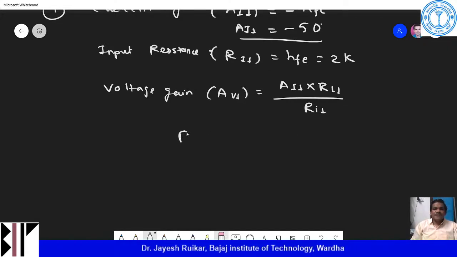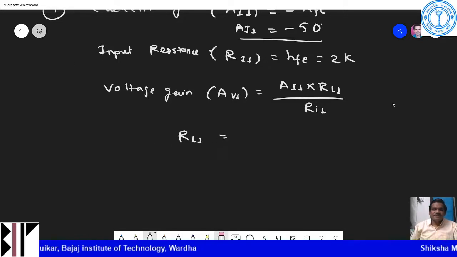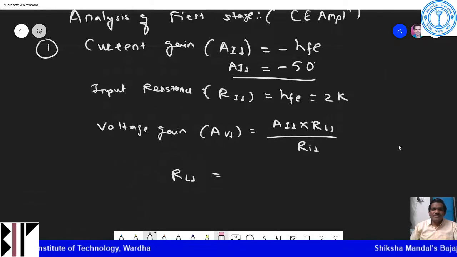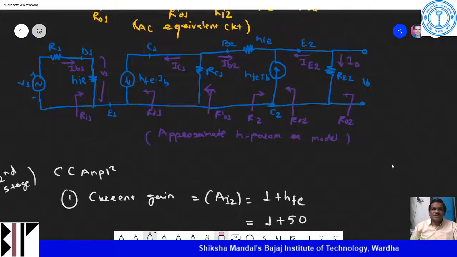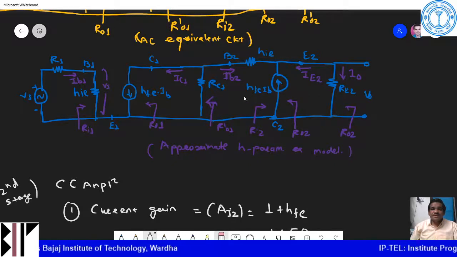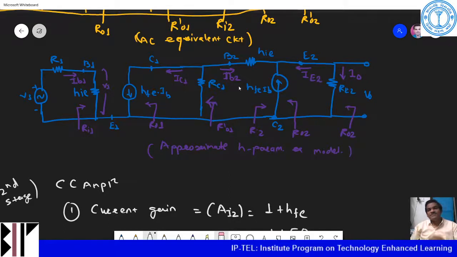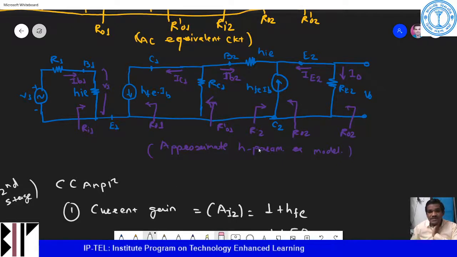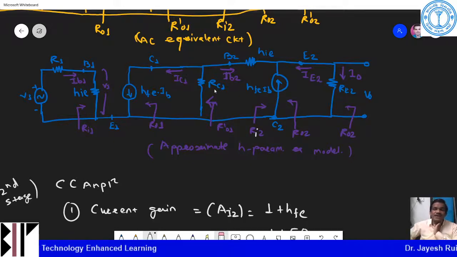So what is RL1 now? If you see what RL1 is, come back to this. RL1 is nothing but the input resistance Ri2, which is in parallel with your RC1.